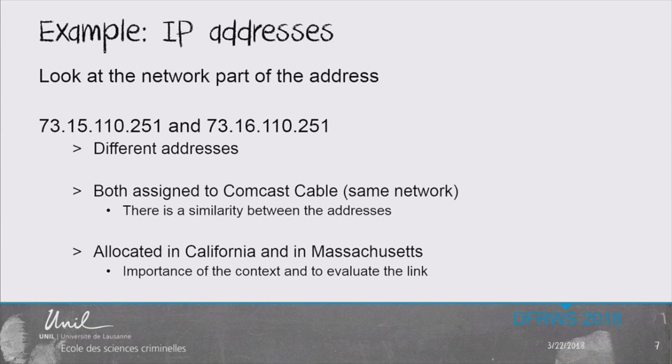And then now so maybe the cases where those two IP addresses came from are linked. Now, if we try to evaluate this hypothesis regarding the fact that they are not linked, we will see that those two IP addresses come from a popular ISP in the United States, and they are attributed in two different states, California and Massachusetts. So maybe in this case, we will not say that it's related, so we will just move on.